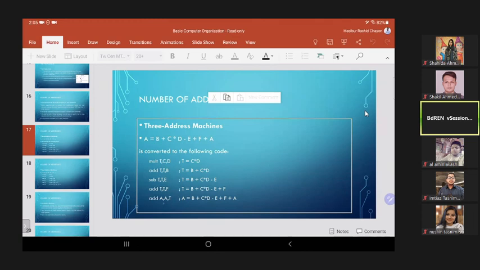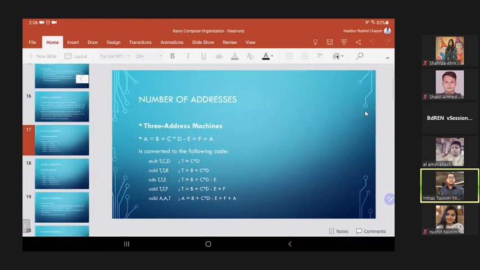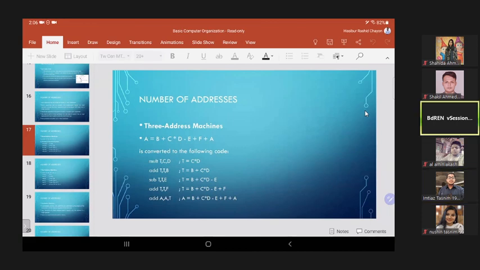The tricky one is the last line, because we are not storing the result into T. It is asking only to store in A. That's why we write the last line as A, comma, T. So that we can store the result into A, which is our ultimate target. Is that clear? Yes, sir. Any more questions?